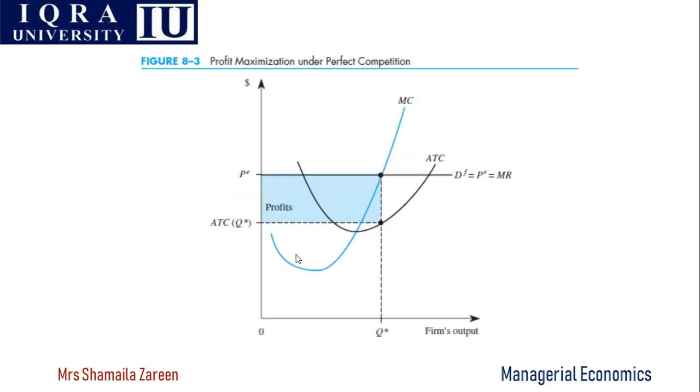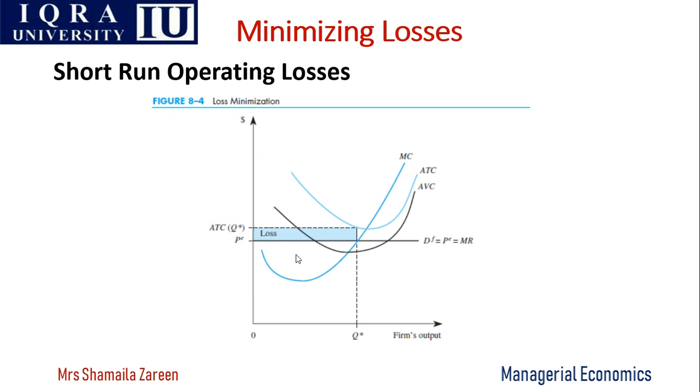So you can see in the previous diagram, we have only drawn the average cost curve for showing the maximizing of the profit. But in this diagram, an extra curve has been drawn, that is average variable cost, to show that if the firm is bearing or facing the losses, whether they have to shut down or not.